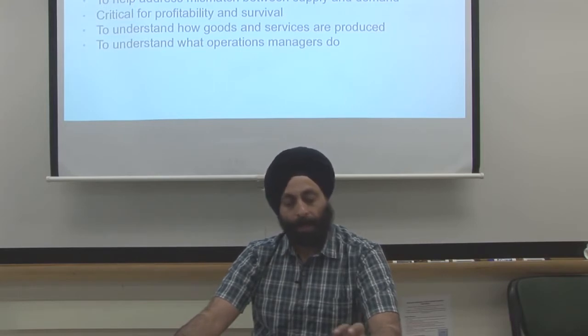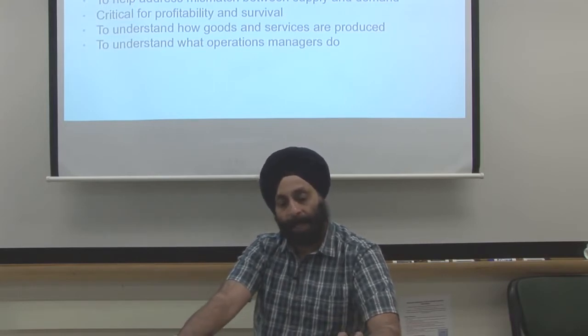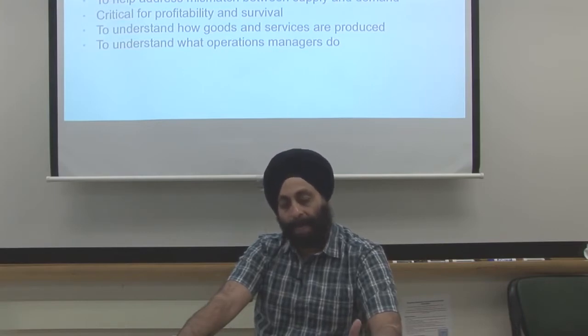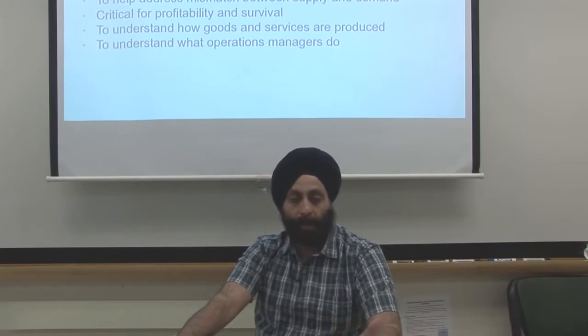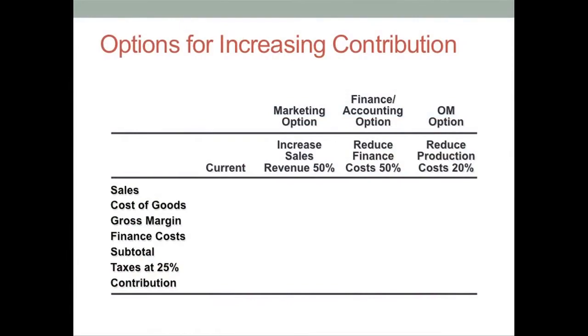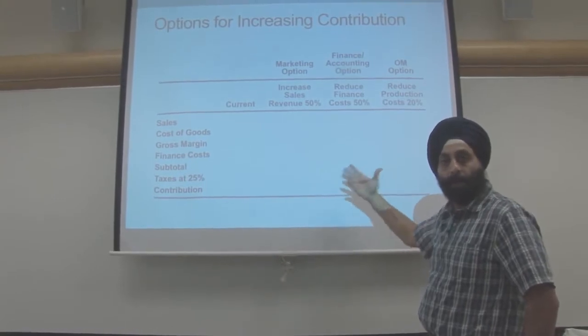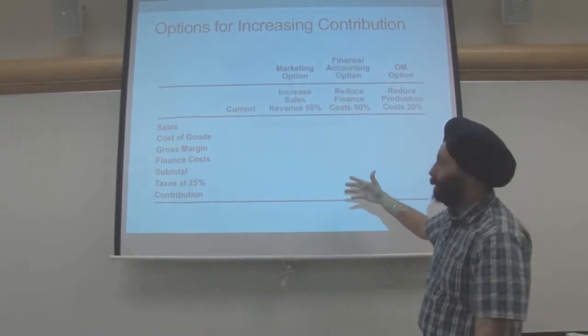Operations management also helps us understand how goods and services are produced, and that we'll be profiling in the next few chapters, and then we'll be focusing on what operations managers do. What we're going to do is look at how operations add value or increase contribution to a business bottom line.